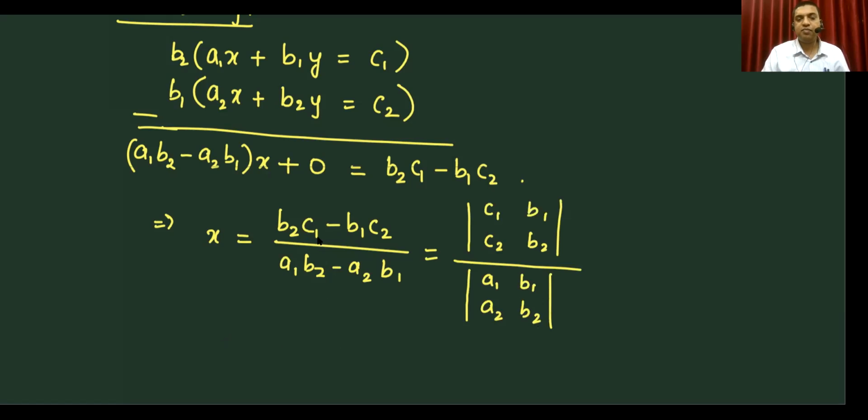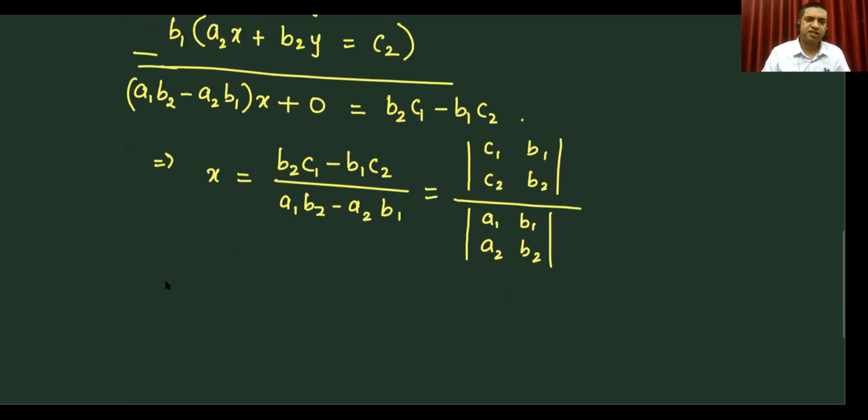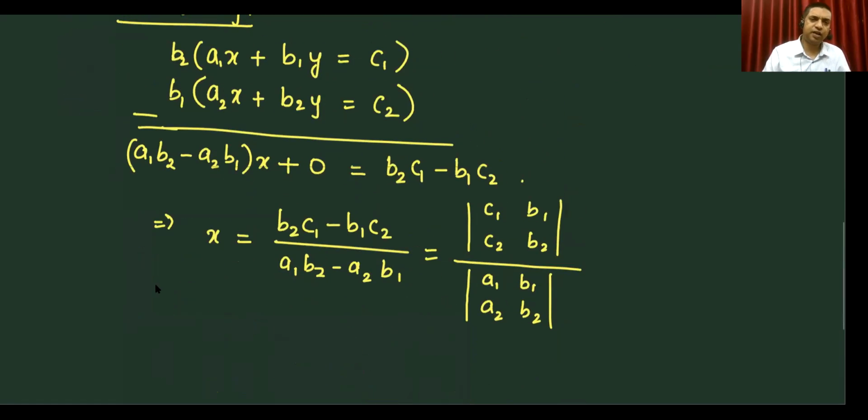The determinant of the top is c1 b2 minus c2 b1. The bottom determinant is a1 b2 minus a2 b1. So this is x.